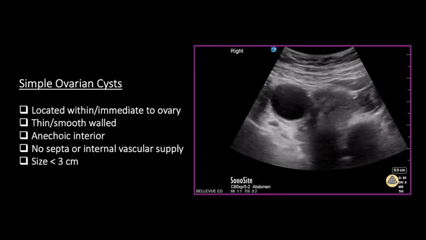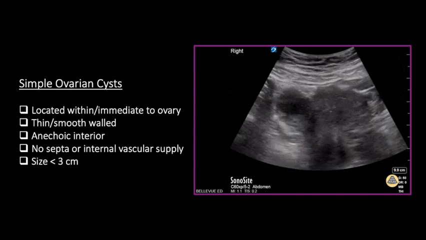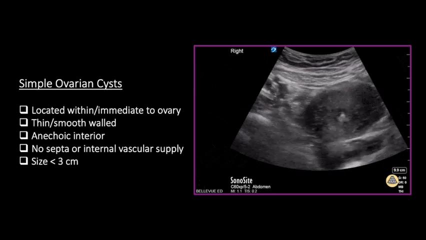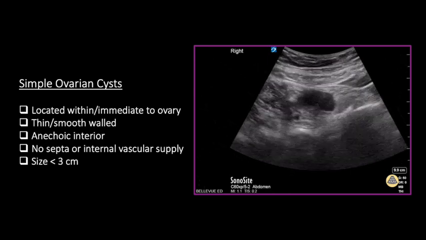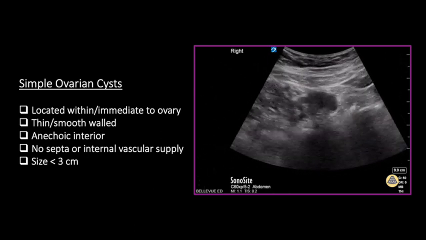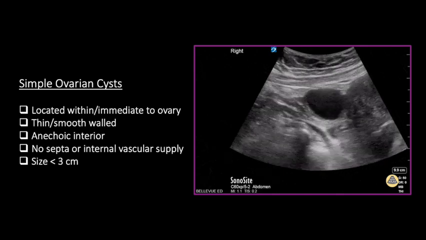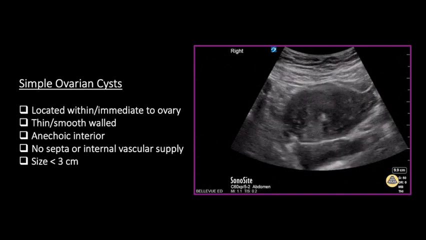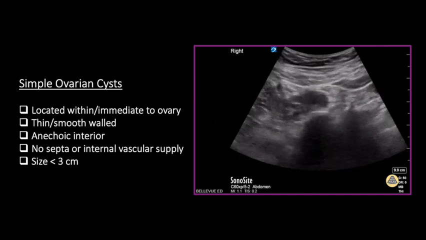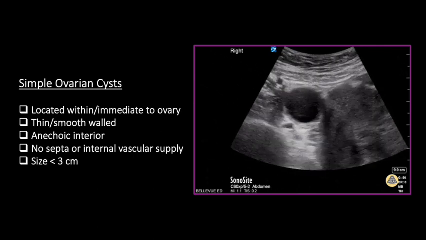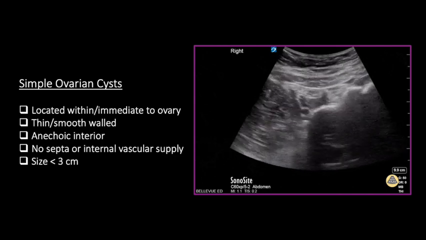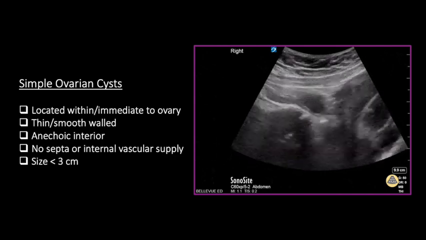Simple ovarian cysts are commonly seen on ultrasounds. While we think these arise from hormonal stimuli, they are usually clinically harmless. However, very large cysts can predispose women to pelvic pain or even ovarian torsion, so they should be followed with serial exams. The features that define a simple ovarian cyst, other than its origination from ovarian tissue, are that these cysts be encased in thin and smooth walls with a completely anechoic interior.